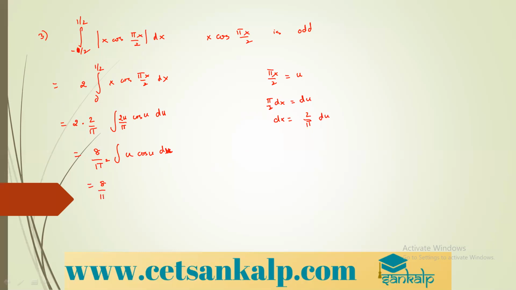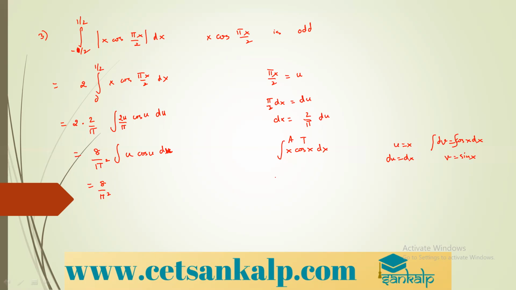So if you take integration by parts, what will you have? Suppose if you have integral x cos x dx. This is algebraic, this is trigonometric. So u will be x, dv will be cos x dx. Du is dx and v is sine x.